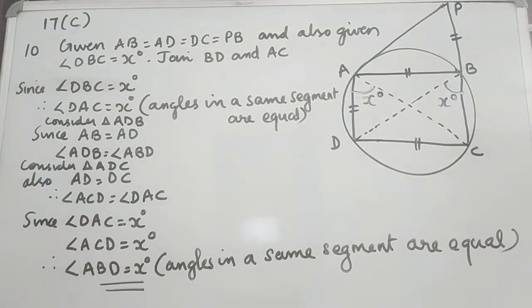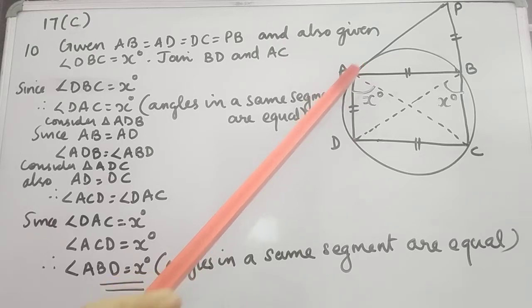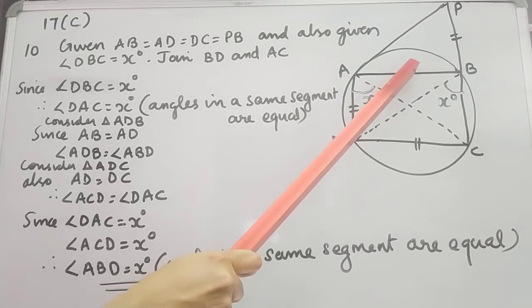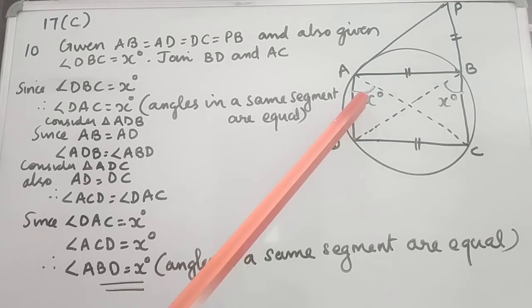Then consider triangle ADB. AB is equal to AD, given. If you are considering this triangle ADB, given AB is equal to AD, the angles opposite to those sides will be equal.